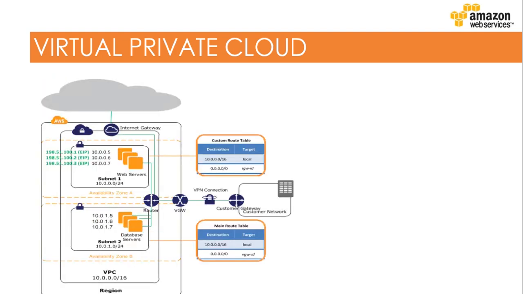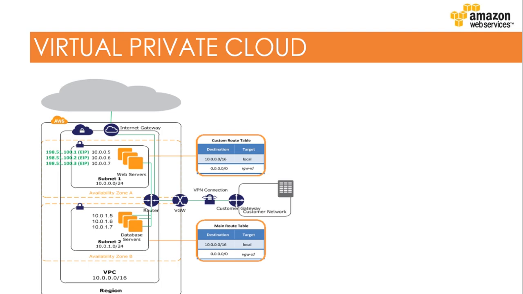In another presentation, we have an internet gateway connecting publicly. We have two availability zones, A and B, with a VPC CIDR block 10.0.0.0/16, and subnet 1 and subnet 2.